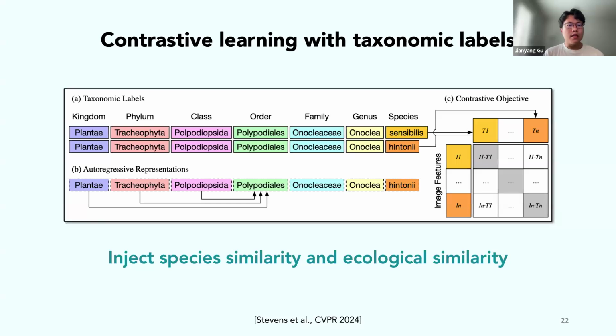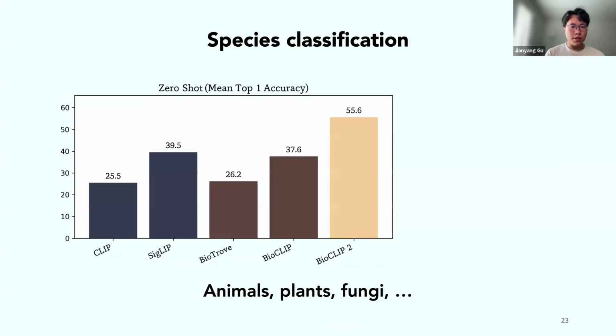Okay, so with these large data sets and this objective function, we now train BioClip 2, and we first evaluate the model on species classification tasks. We evaluated across different species, including animals, plants, and fungi, etc. We see that by using more training data, BioClip 2 illustrates significantly better species classification accuracy than BioClip.